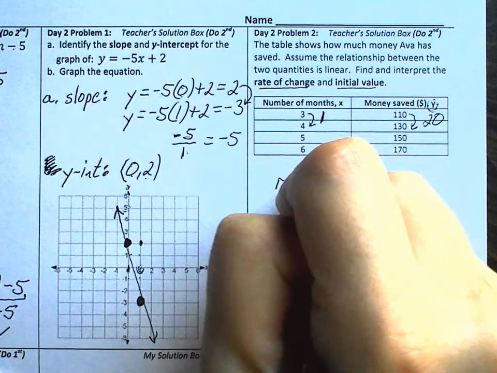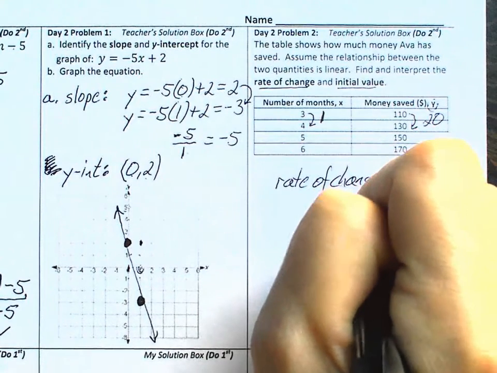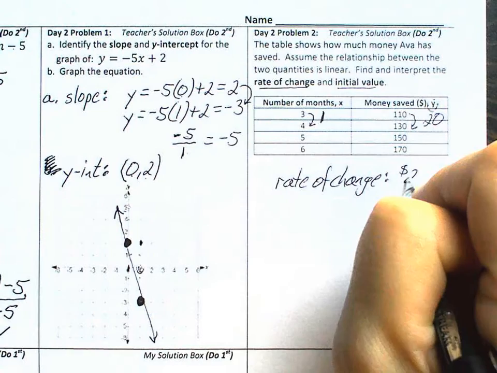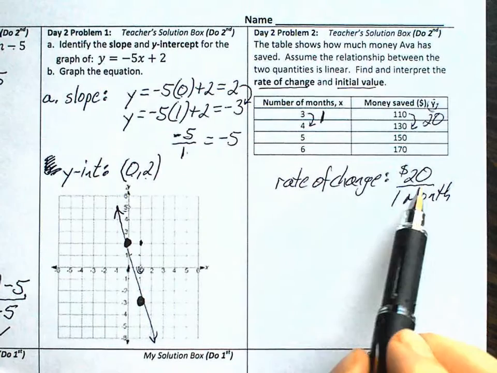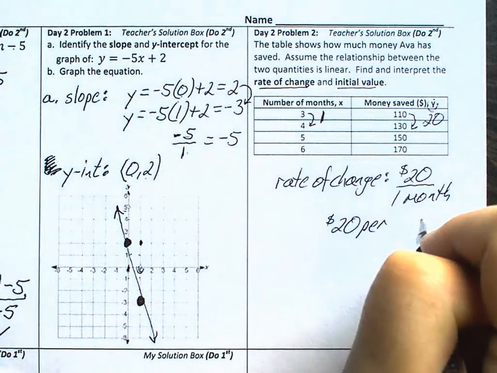Okay, so rate of change, it has increased $20 in 1 month of time. And so you write that like a fraction or a ratio, $20 compared to 1 month. Or another way to write this is $20 per month.